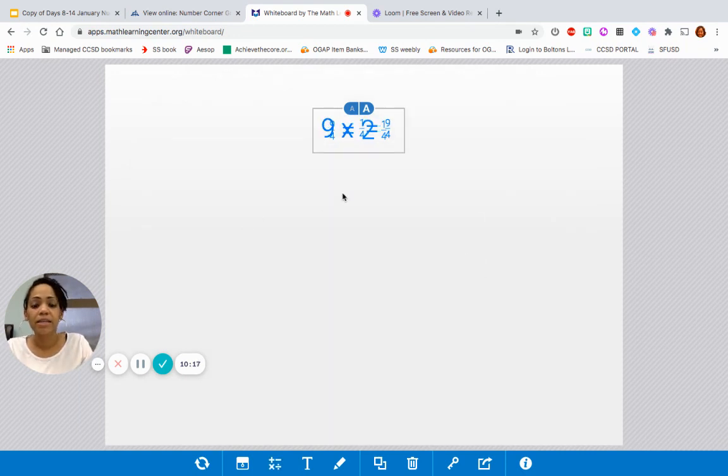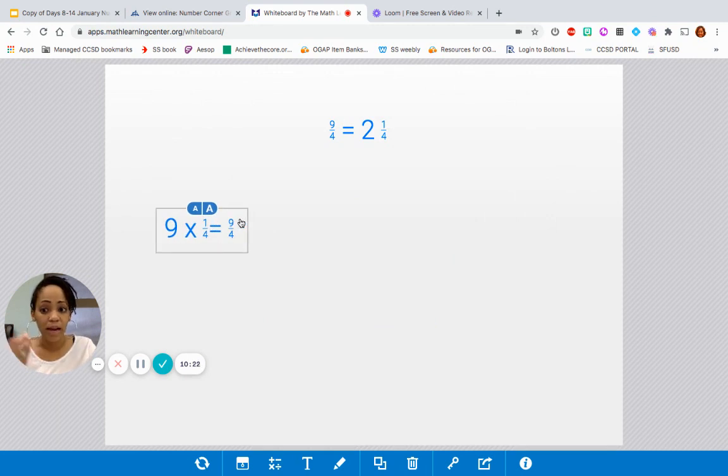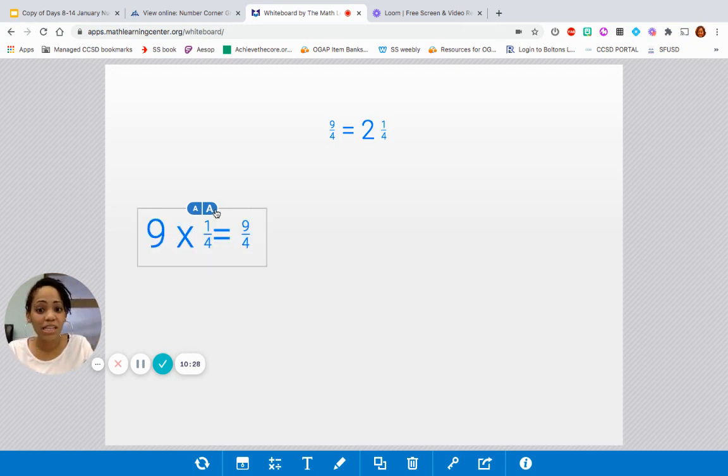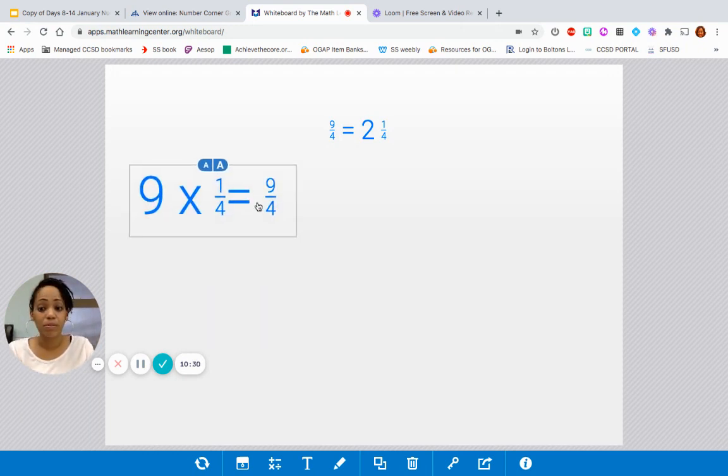Remember that we talked about this before, where you can multiply a whole number by a fraction, and unit fraction in particular. So 9 times 1/4 is just like saying 1/4 plus 1/4 plus 1/4. You're adding 1/4 9 times. So that is an example of my multiplication problem.